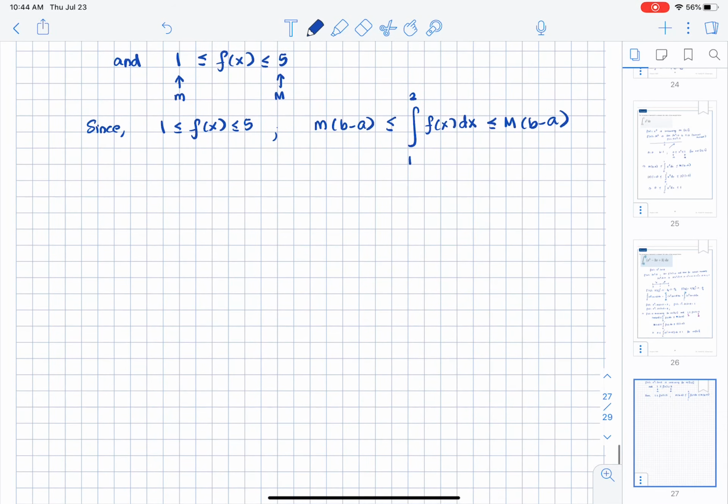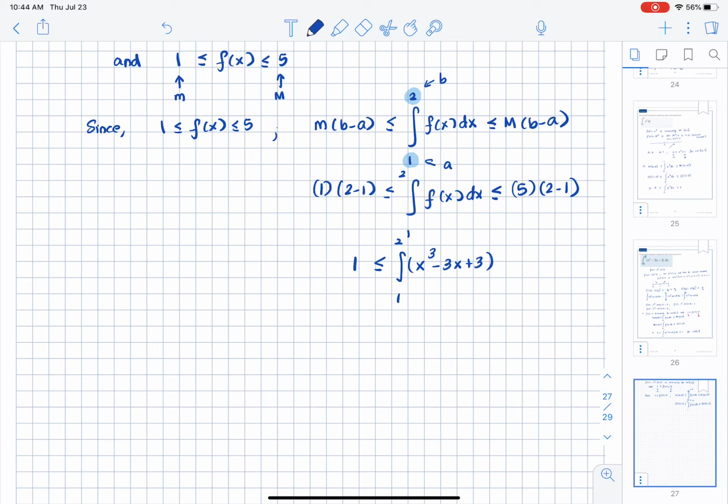So lowercase m is 1 in this case, times 2 minus 1, b minus a. Uppercase M is 5, times 2 minus 1. So what we end up having is 1 less than or equal to the integral from 1 to 2 of x cubed minus 3x plus 3 dx less than or equal to 5.